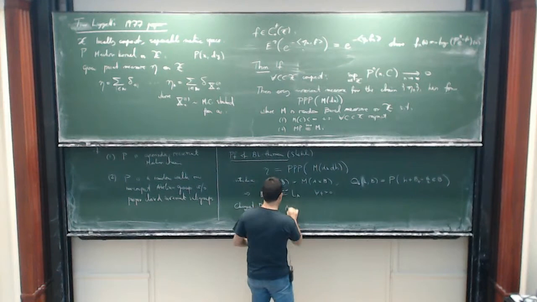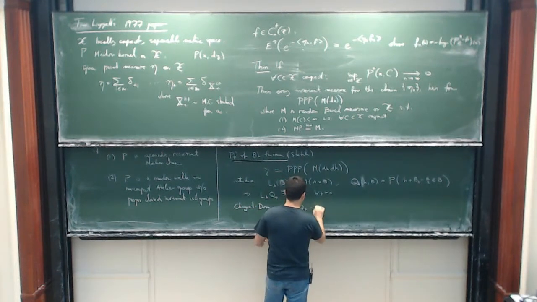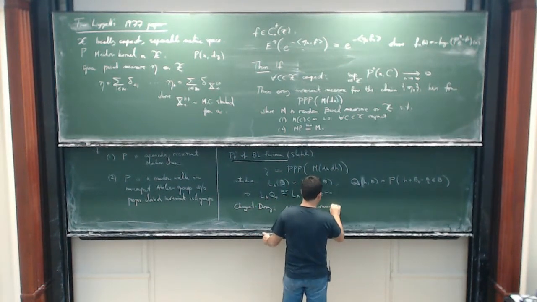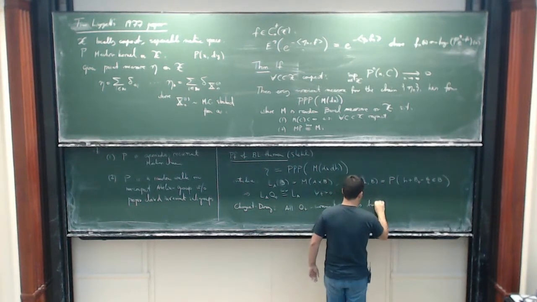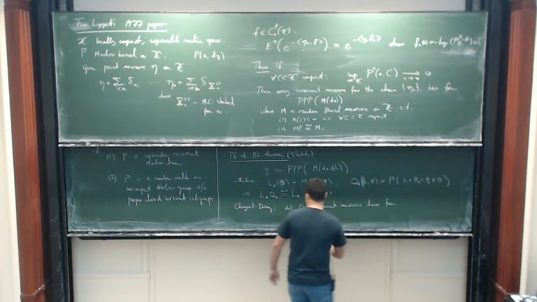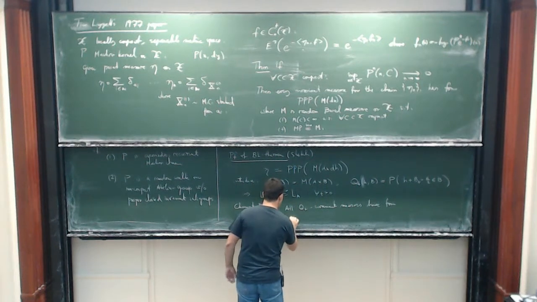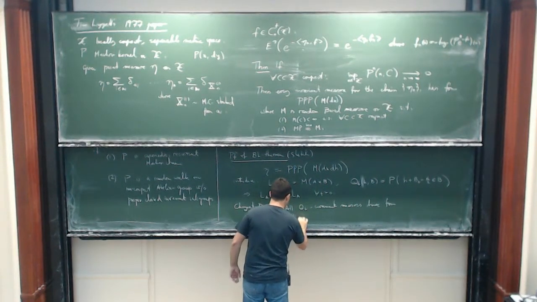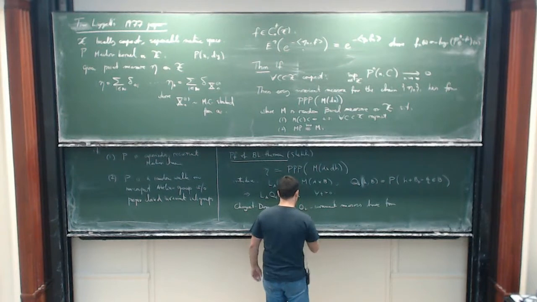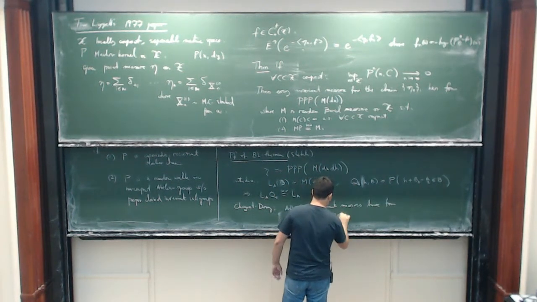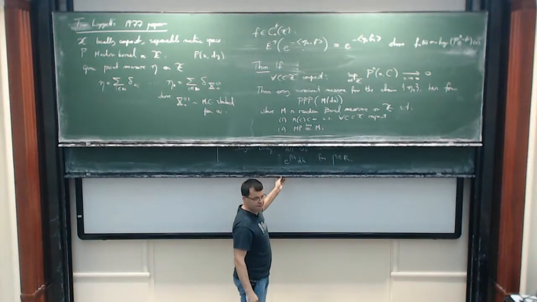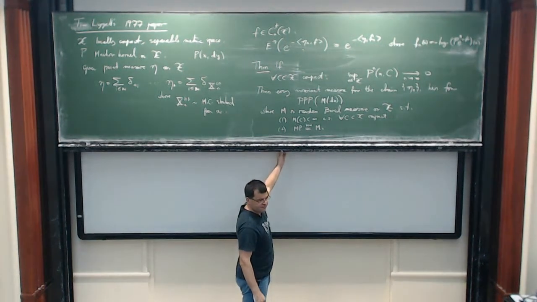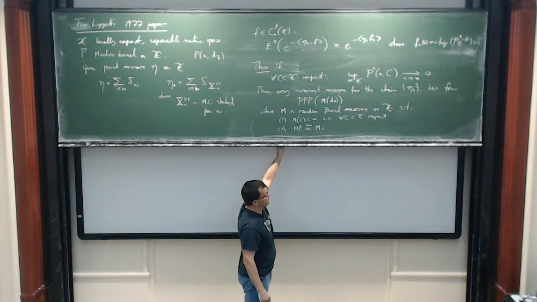Okay, so all Q_t invariant measures have the form e to the b h dh for some b. Okay. Right.